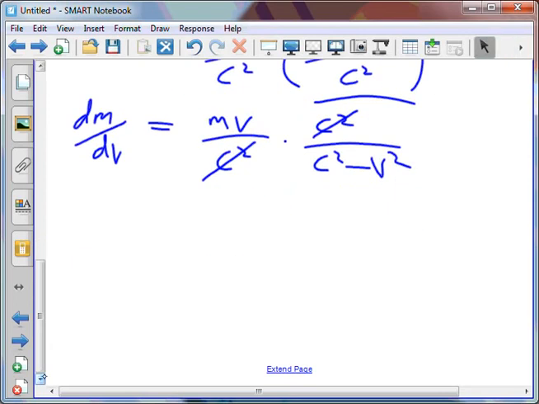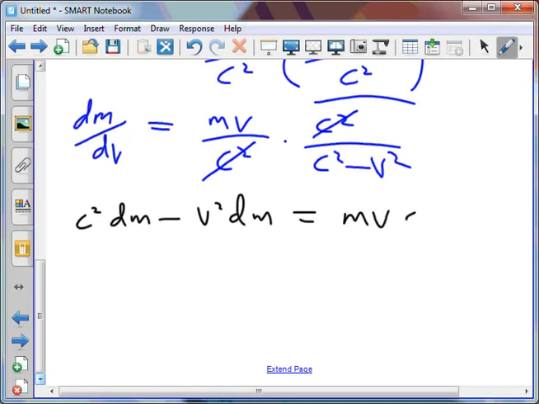Now, as it turns out, multiplying both sides by c² minus v², multiplying both sides by dv, I end up with c² dm minus v² dm equaling mv dv.